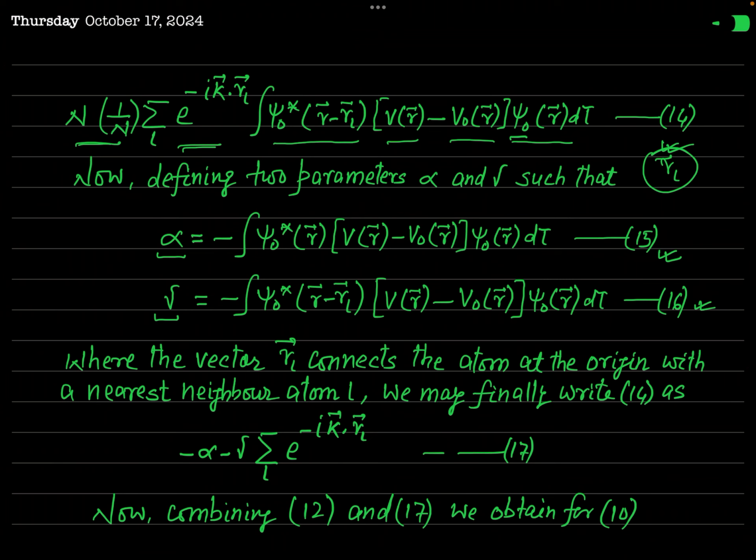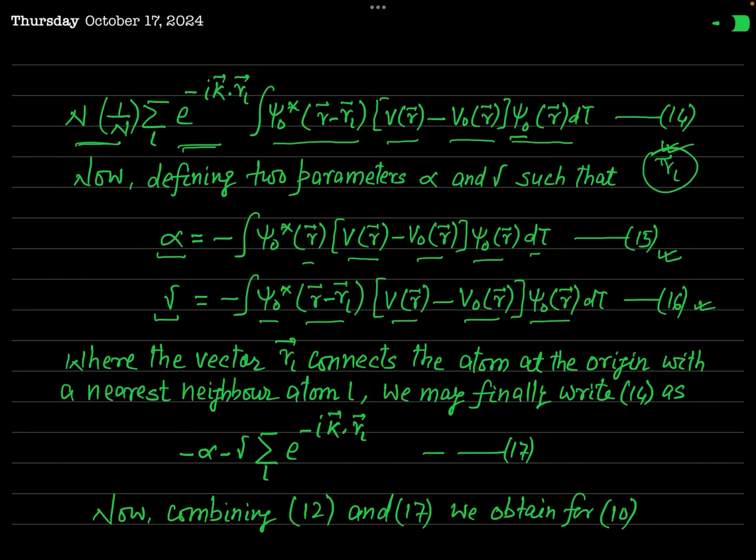Alpha is defined as minus integral of psi naught star of R times V of R minus V naught of R, psi naught of R d tau. And gamma is defined as minus integral of psi naught star of R minus R_L, times V of R minus V naught of R, psi naught of R d tau.